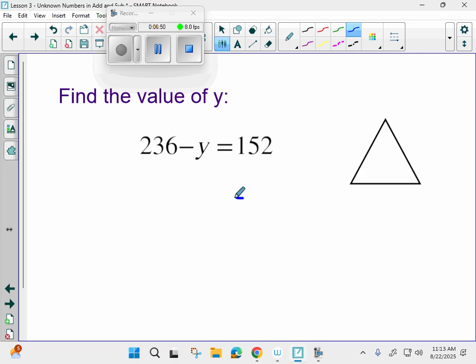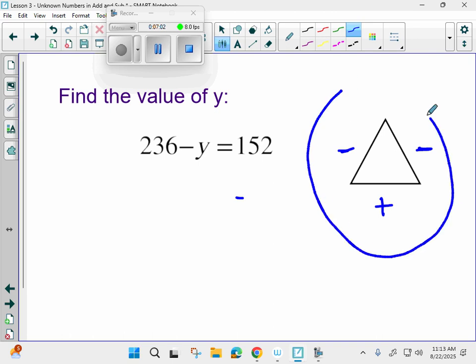Set your triangle up, and it's always going to be minus, minus, plus. Now I'm going to read around this direction. Where am I going to start that 236? Which spot on the triangle? The top. So I'm going to do 236 minus y equals 152.